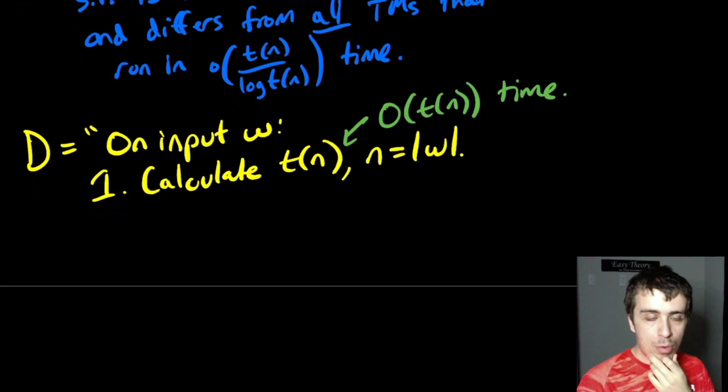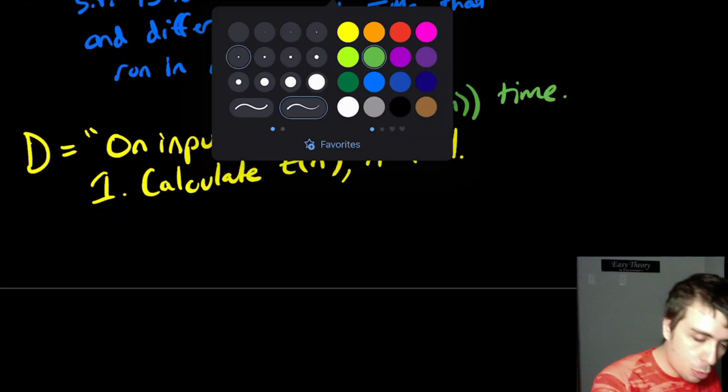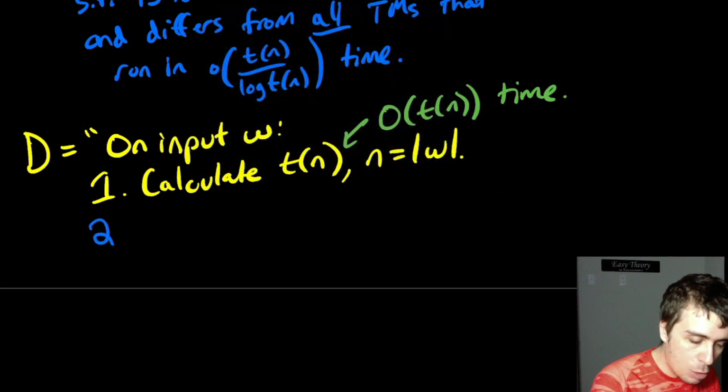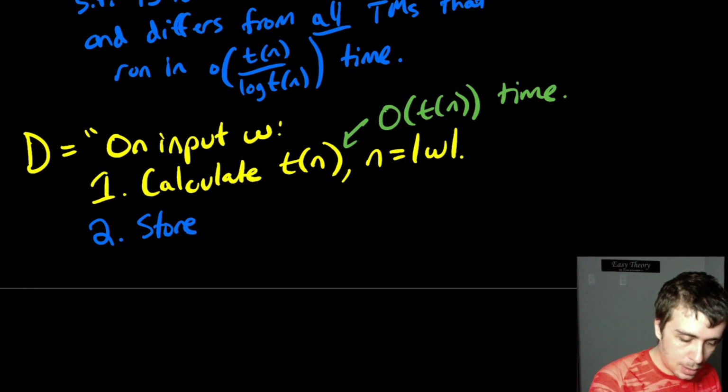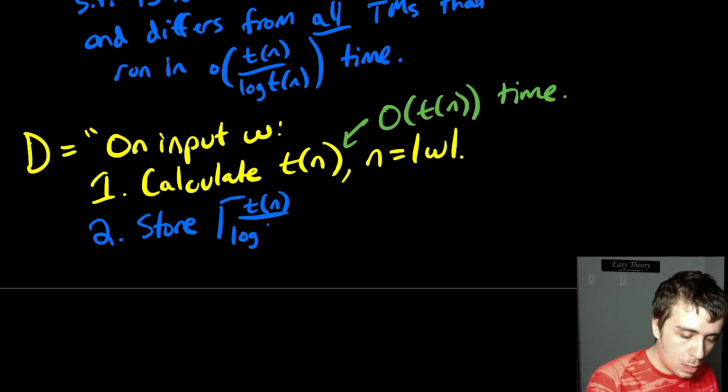Now we're going to store a particular value on the tape. It's going to be the ceiling of t of n over log t of n.